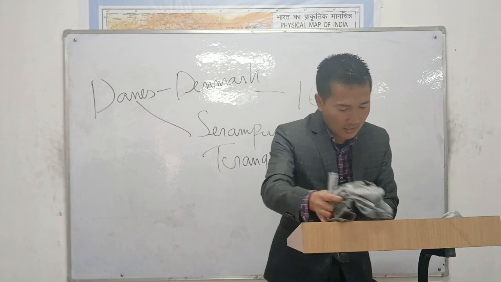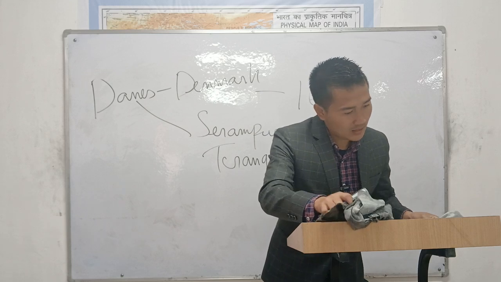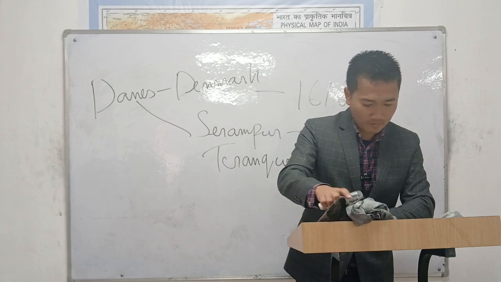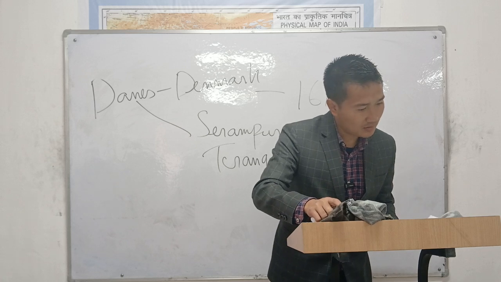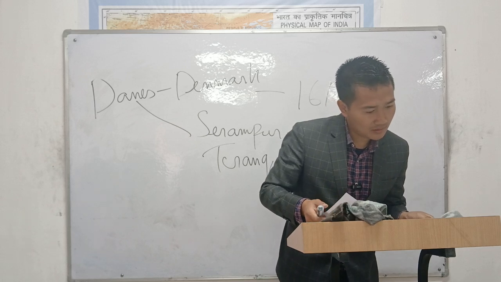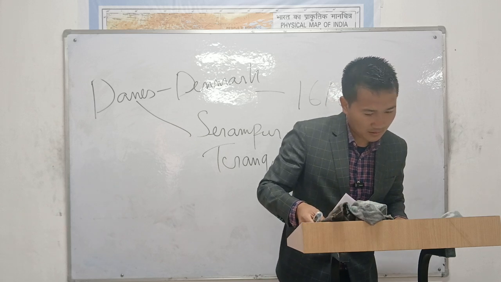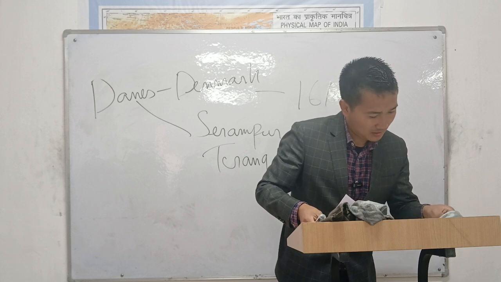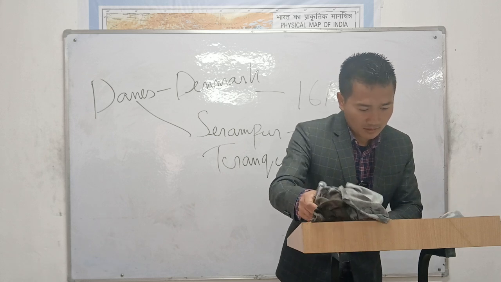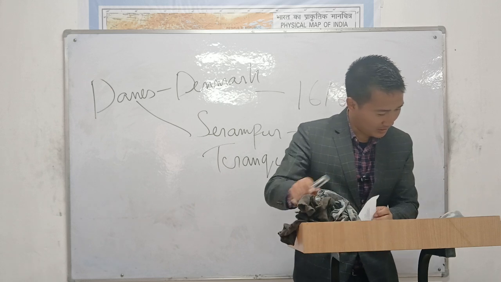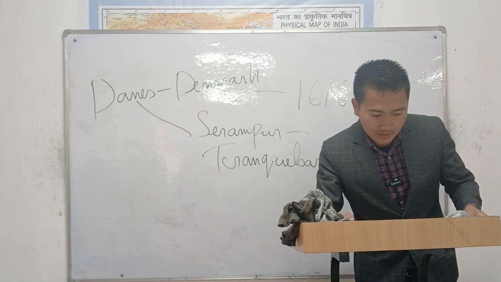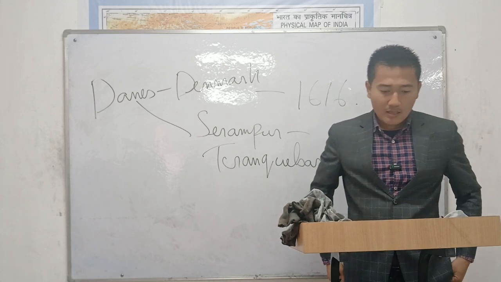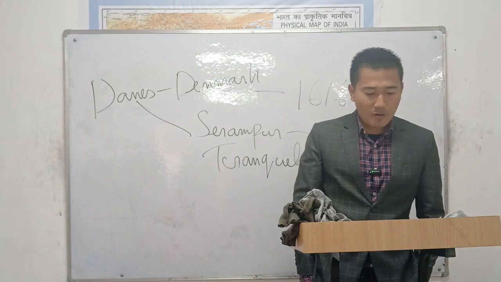So please write it down. The Danes were the fourth Europeans to come to India.